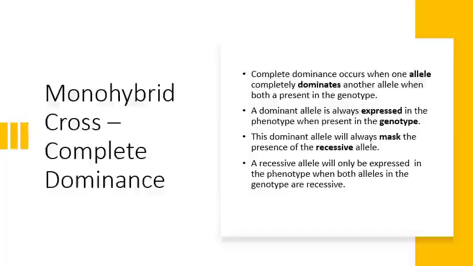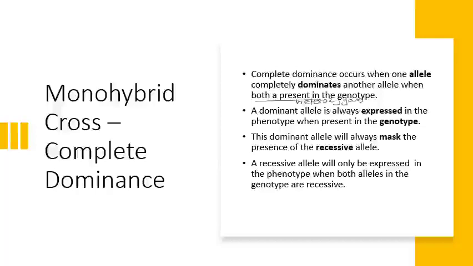We're looking at monohybrid crosses now, and we're specifically going to look at complete dominance. Complete dominance occurs when one allele completely dominates another allele when both are present in the genotype. So if both are present, that means we have a heterozygous organism.